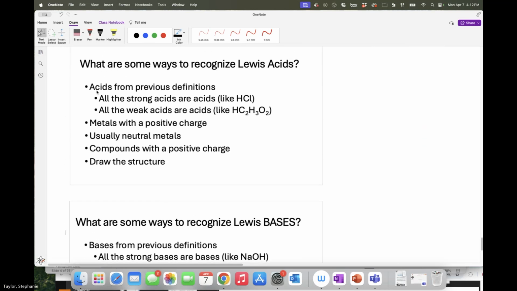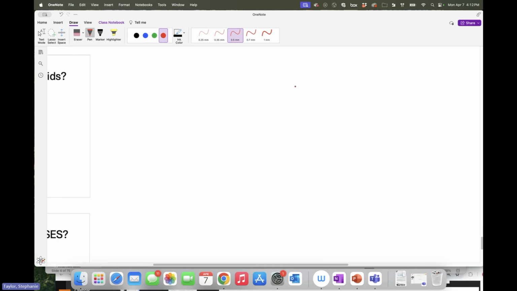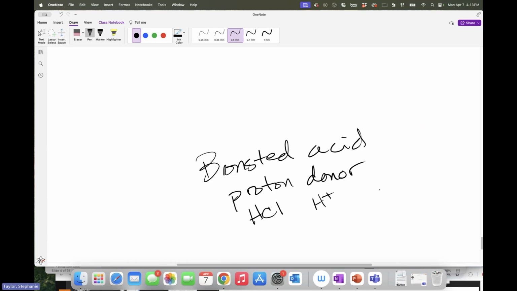Okay, so before I talk about this, first of all, when we talk about Lewis acids and Bronsted acids, when we say Bronsted, frankly, when we talk about acids at all, we're always talking about protons. So HCl gives away a proton. It's an acid.